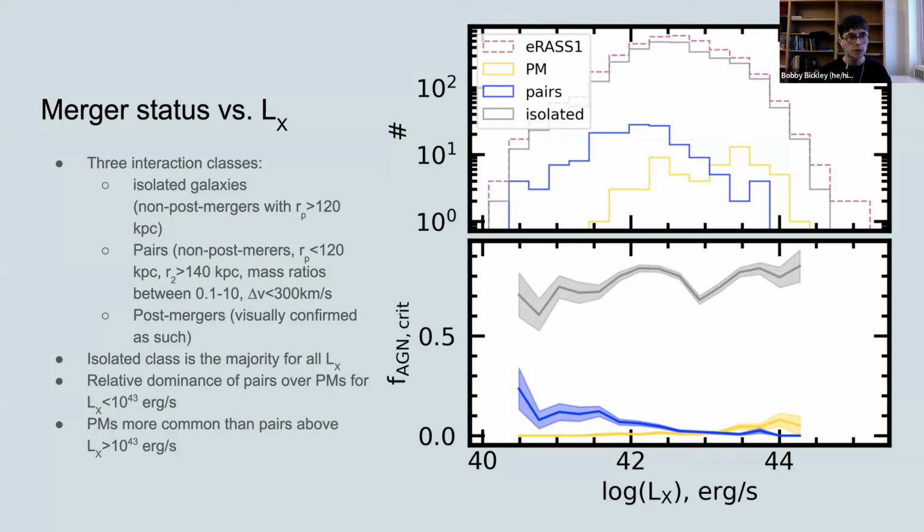But around 10 to the 43, which is also interestingly enough where we see that turnover for broadline visibility of AGN, we also see that our post-mergers become more common per capita than our galaxy pairs. And this is beginning to suggest a connection between galaxies with broad emission lines, galaxies hosting luminous X-ray AGN, and the post-merger class specifically.